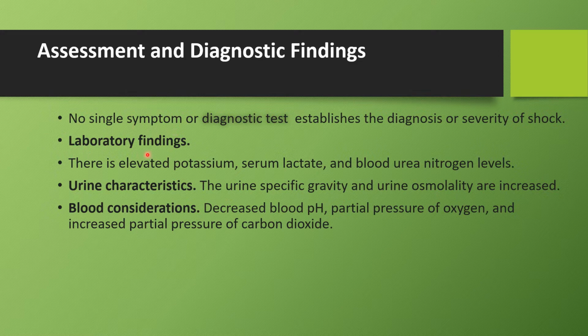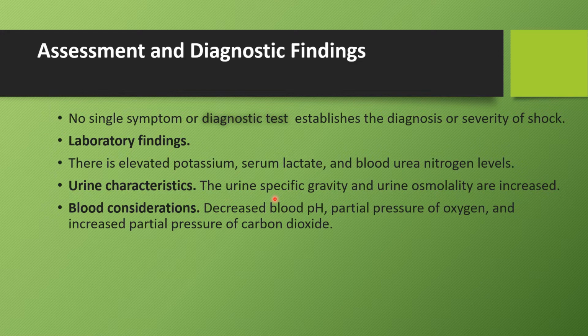They will diagnose along with the signs and symptoms, along with the blood reports, they will make the findings. Okay. Here the laboratory findings: there is elevated potassium, serum lactate, and blood urea nitrogen level. This is a blood report. In that blood report, potassium and blood urea nitrogen level are increased. Then urine specific gravity and urine osmolality are also increased. In the urine test, if you go to the hospital, please go through the case sheet.